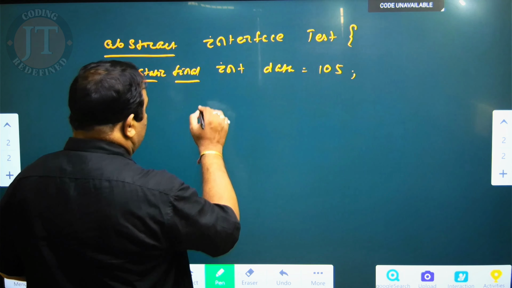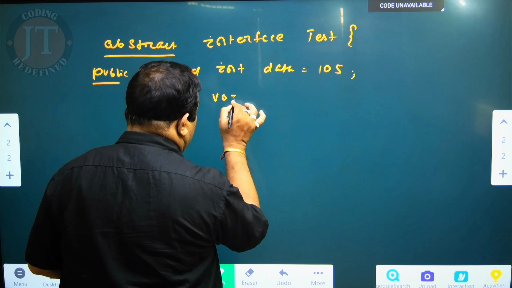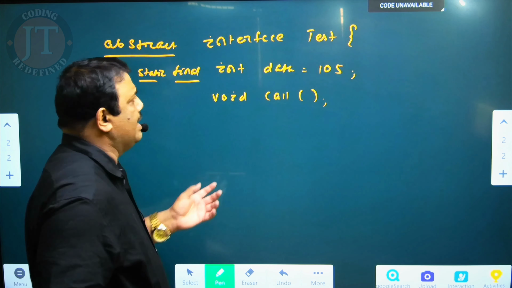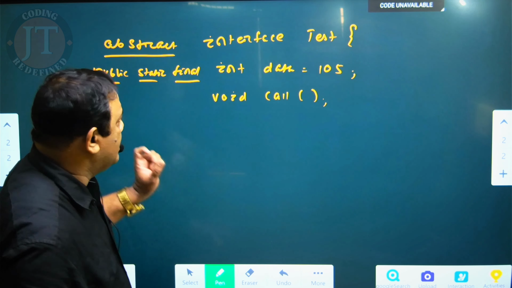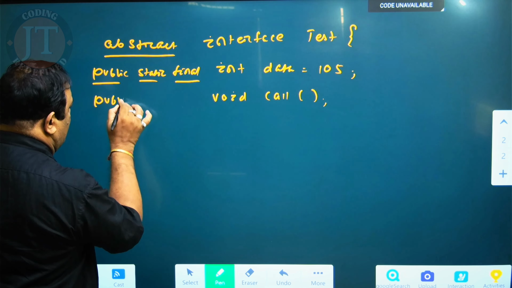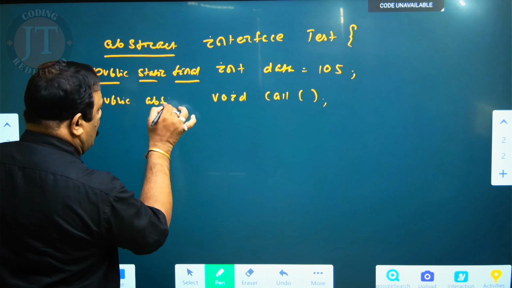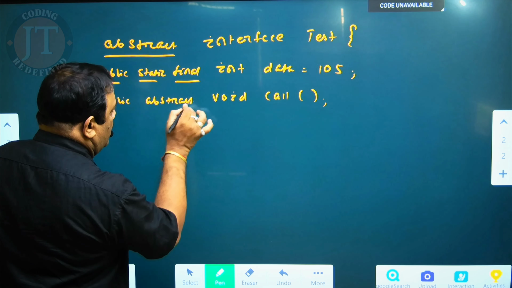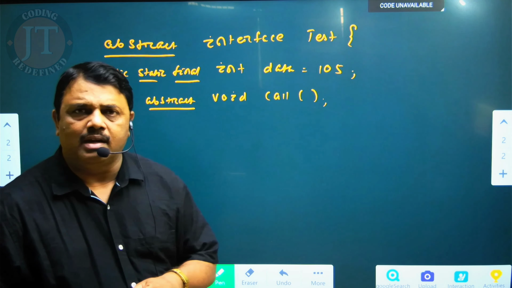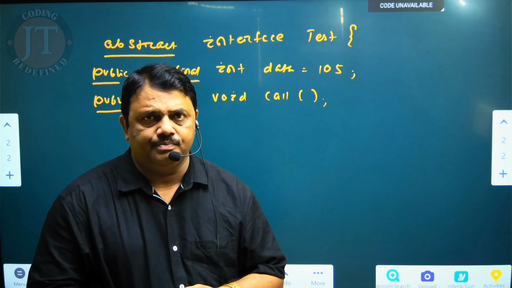Whatever methods I declare within it, for example void call, are implicitly public and abstract. An abstract method is bound to be overridden in the child class.